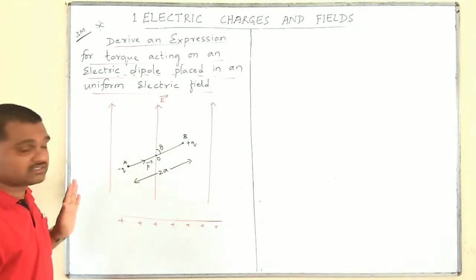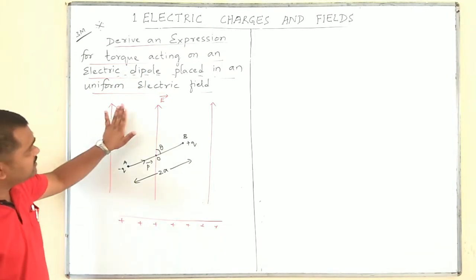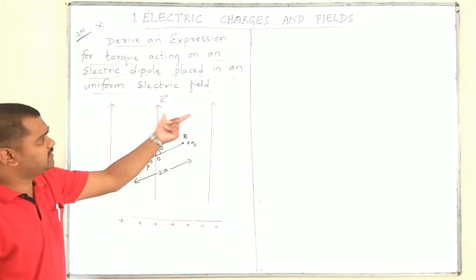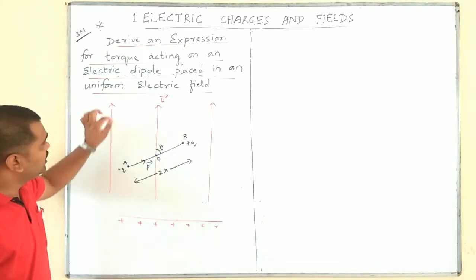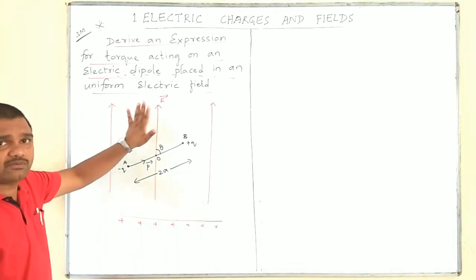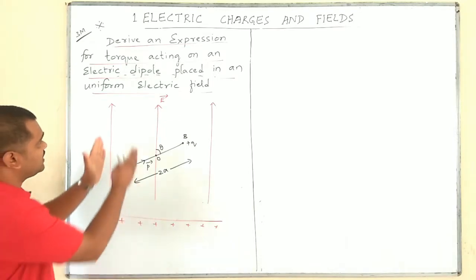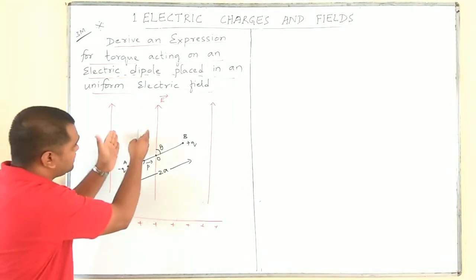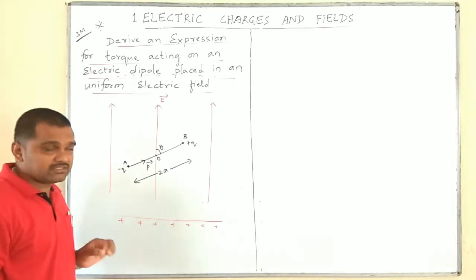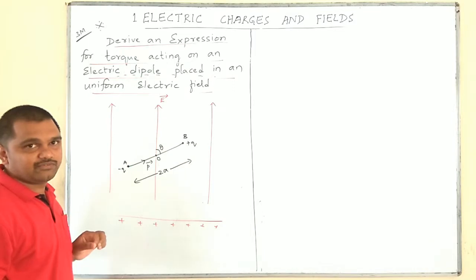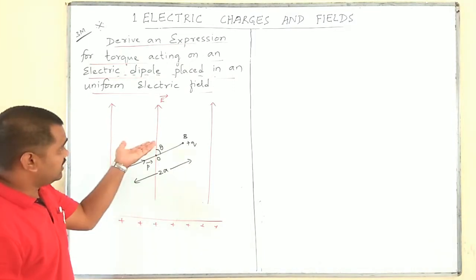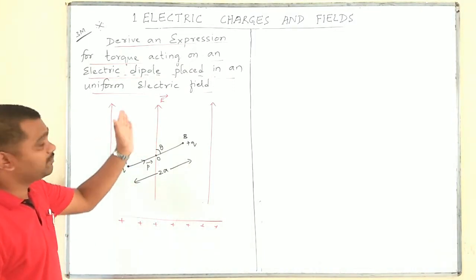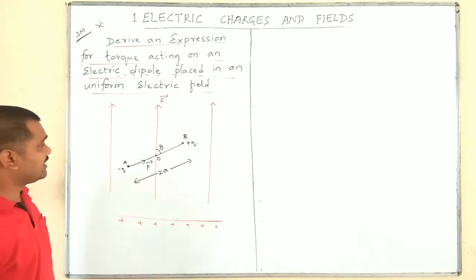A uniform electric field means that a unit positive charge experiences the same force at all the points. Otherwise, if the gap between these electric field lines is the same, this distance equal to this distance, it is said to be a uniform electric field. That is the simplest way to understand the concept.